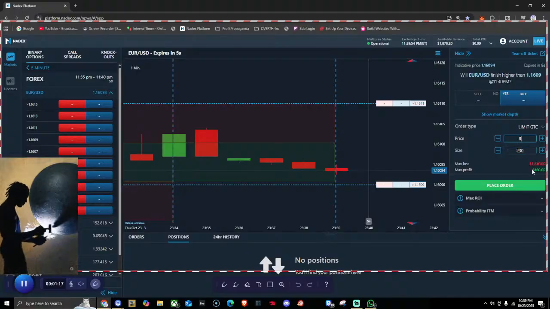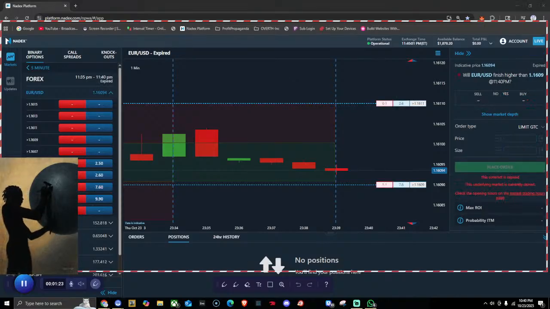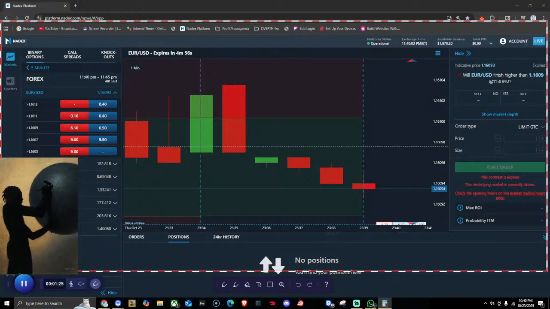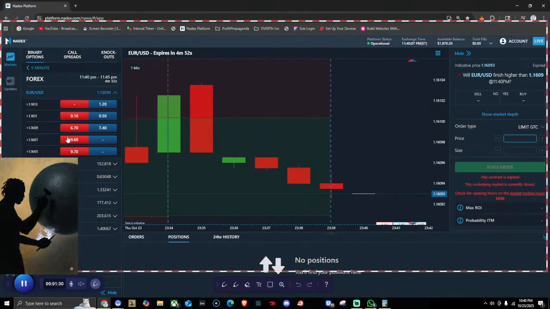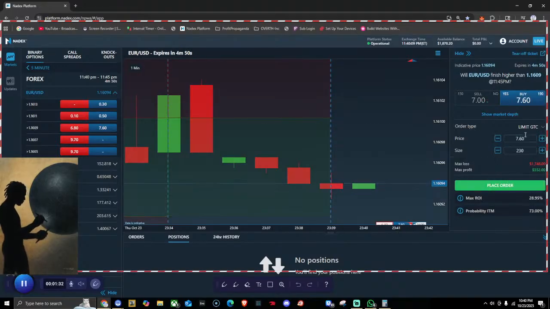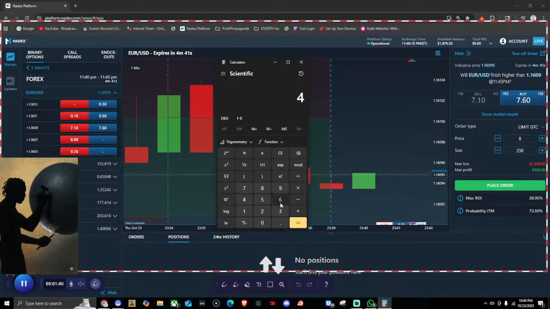Okay, and if you actually take this and divide it by that, let's see what that equals. So if I were to take, call it $8. Okay, max profit 460.